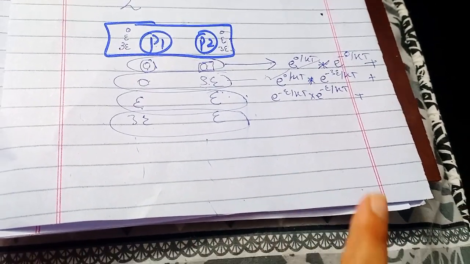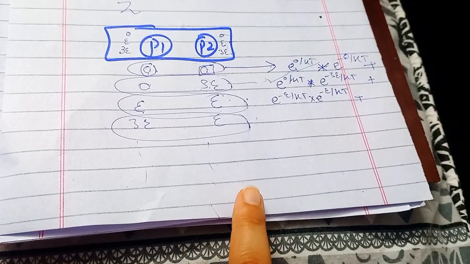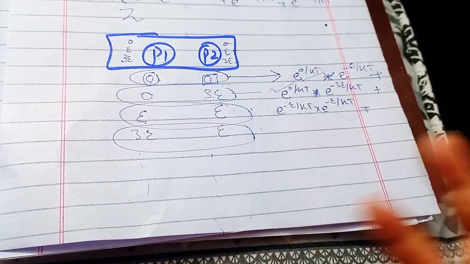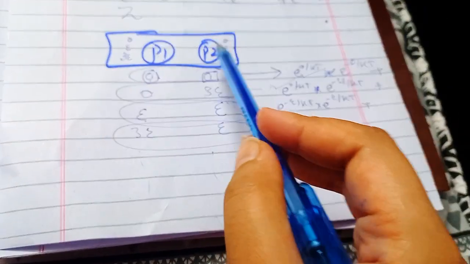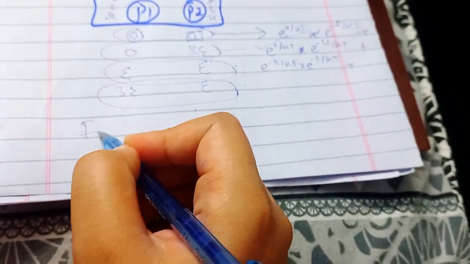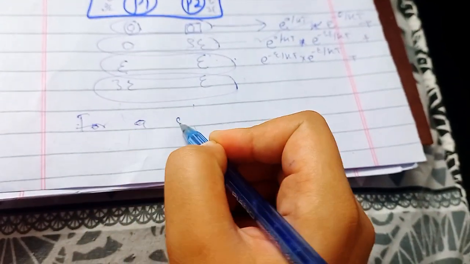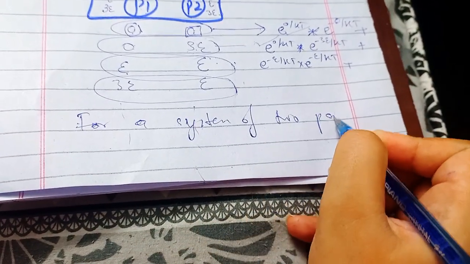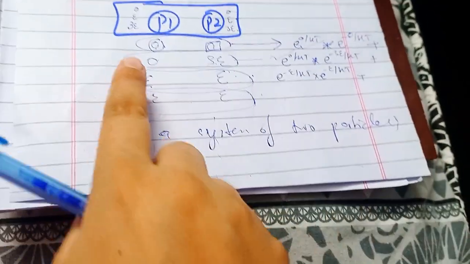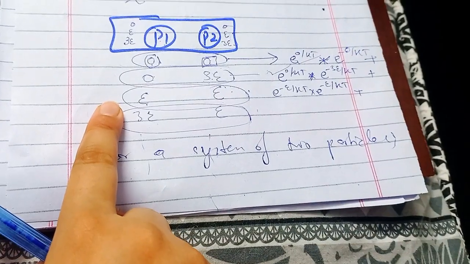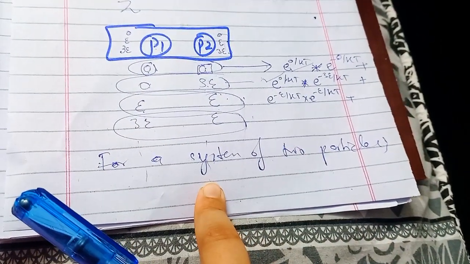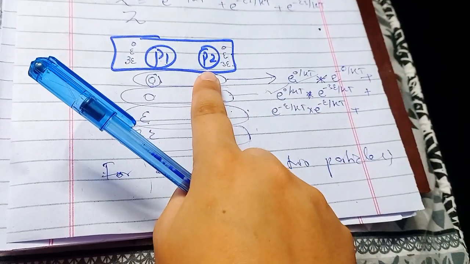I'll show you. And there's another thing that I want to tell you: if P1 and P2 are taken as identical, then for a system of two particles, if for example there are three energy levels available, this rule that I'm going to tell you is only applicable for a system of two particles.